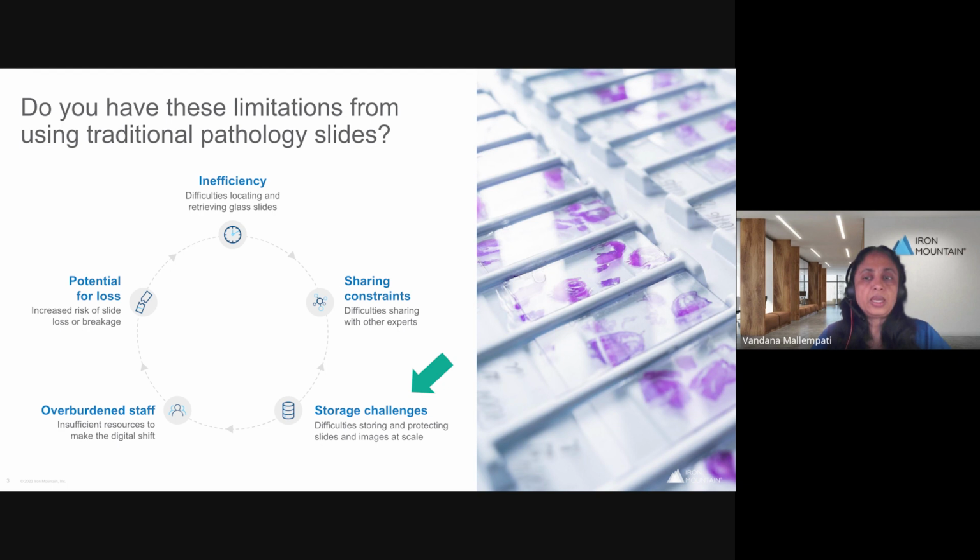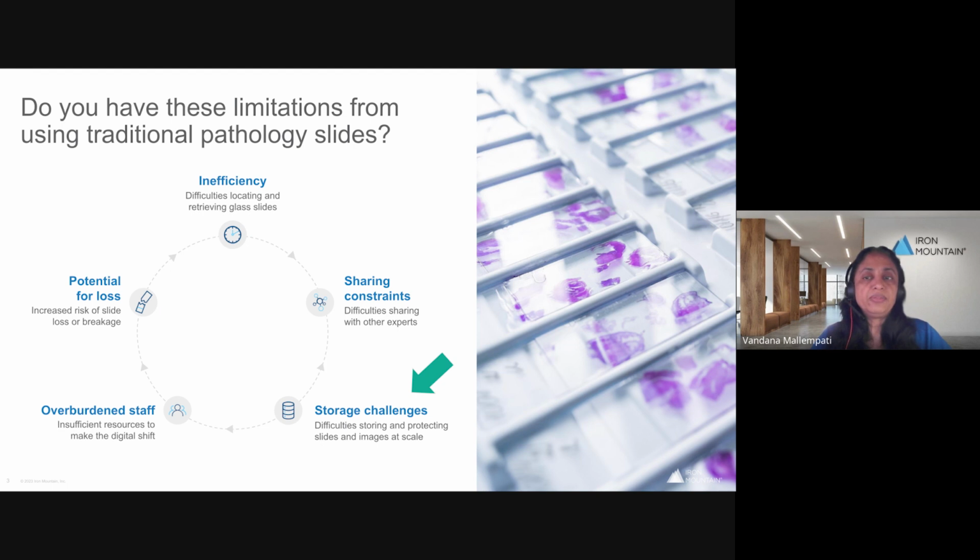But when you're looking at 20 to 25 slides per accession, this can easily grow to be over 100 gig of storage per accession. The ability to store and manage that storage volume is significant for our hospitals and academics.